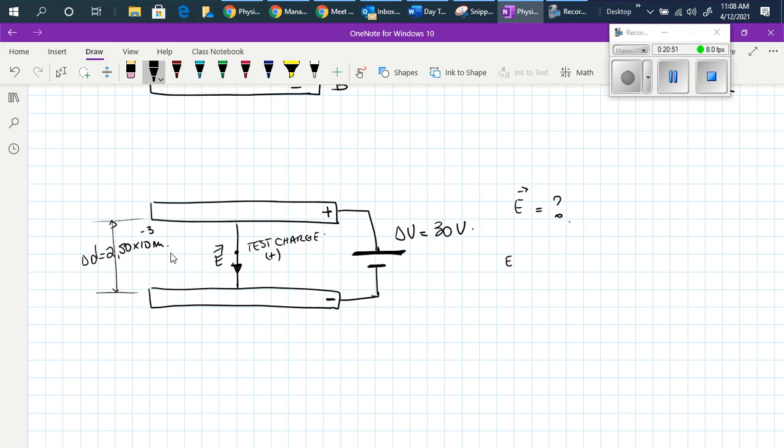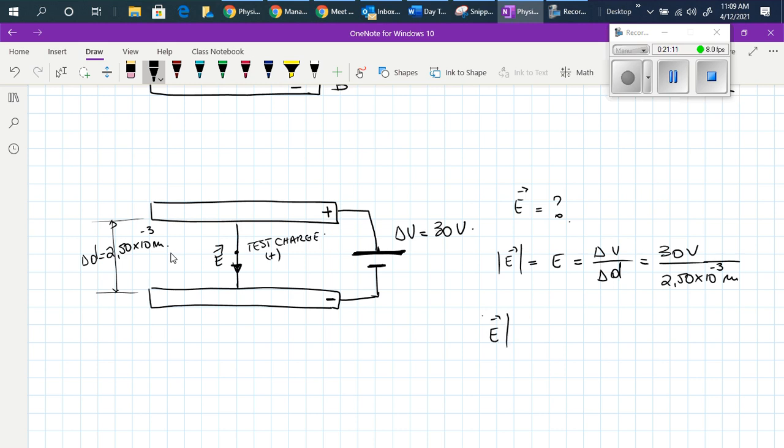Now let's calculate the magnitude, which, since we are dealing with plates, will be delta V over delta d. This will be 30 volts over 2.50 times 10 to the power of negative 3 meters.